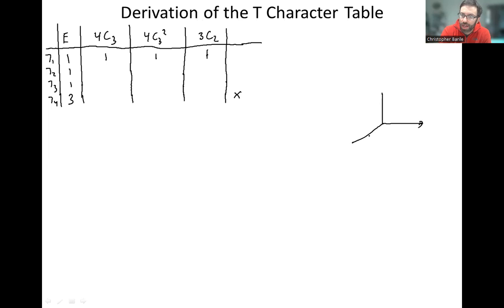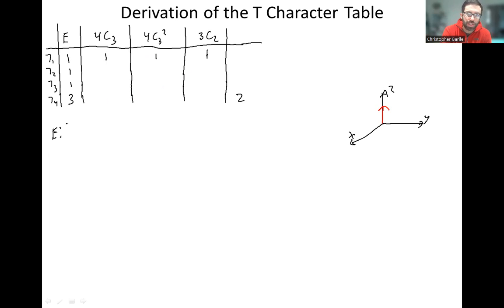So we'll draw a Cartesian coordinate system. This is the x-axis, the y-axis, and the z-axis. We're asking how does, actually, let's start off with z. Usually that's how we start off. How does the z vector transform with one operation in all of these classes?